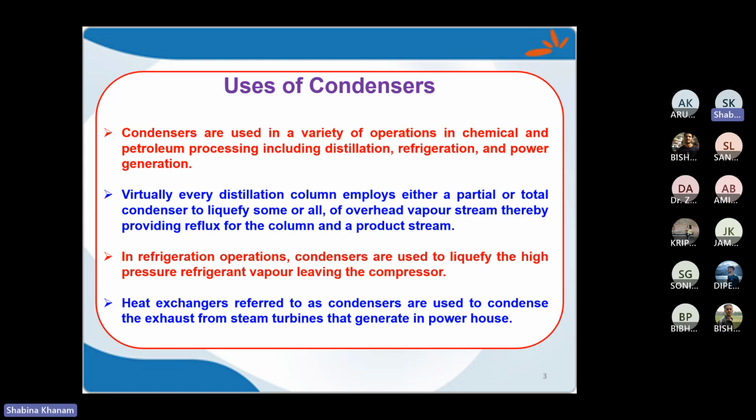So you can recall the Rankine cycle and the usage of condenser. These are some of the common chemical and petrochemical processes, petrochemical in terms of distillation and all, and in that way you can use the condenser in chemical and petrochemical industries. So these are some of the usage.